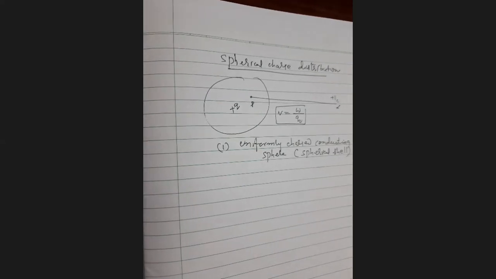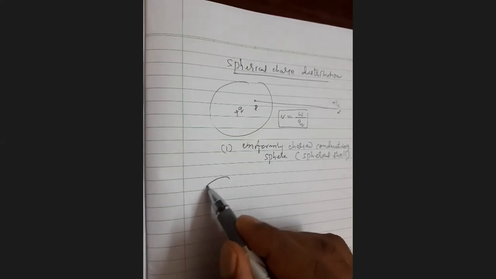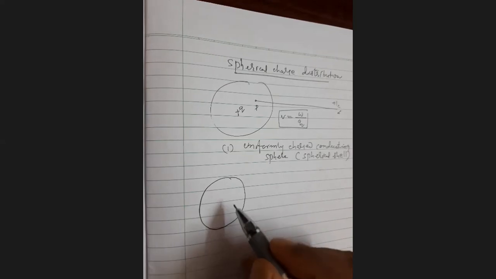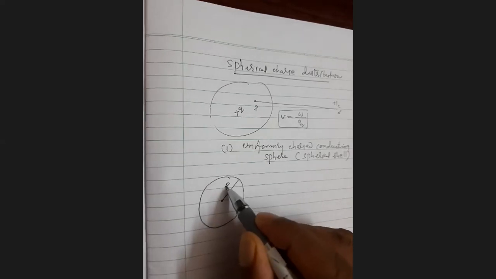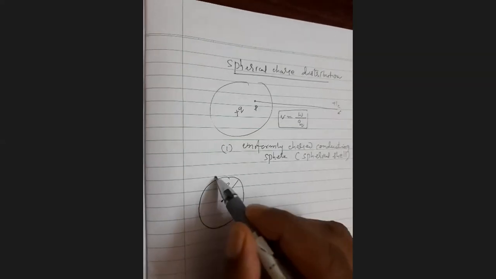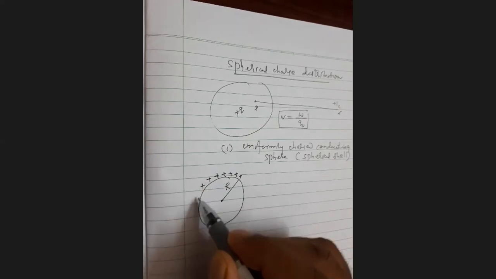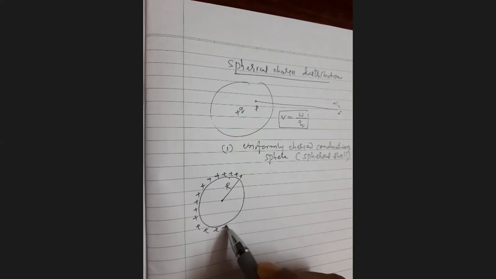Okay, so for that, you consider this figure. This is the uniformly charged conducting sphere of radius capital R. Now, when it is charged, you should remember that for a conductor, the charge resides on its surface only.